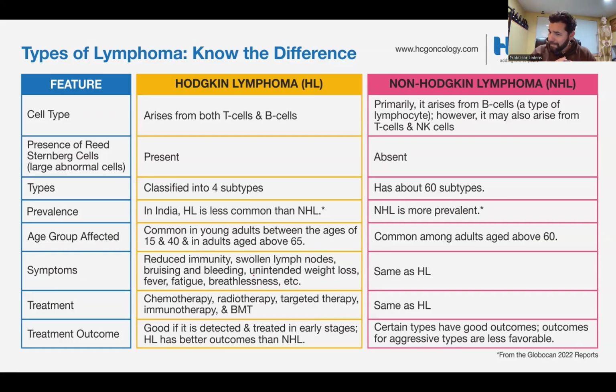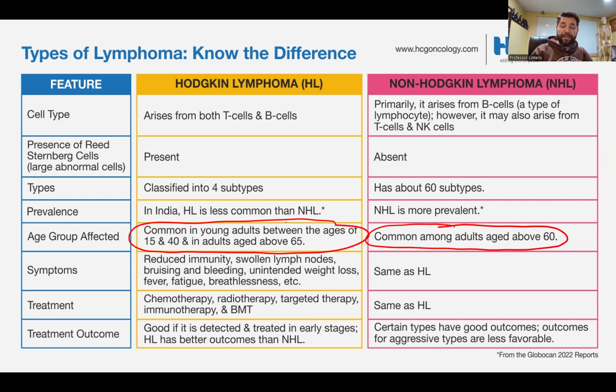Non-Hodgkin's primarily B, as opposed to Hodgkin's, usually B or T. So I'd probably say more T cells, but it doesn't matter. We see that one of them is more common in older adults, and one of them, I don't want to say more common, but it is common in younger individuals.